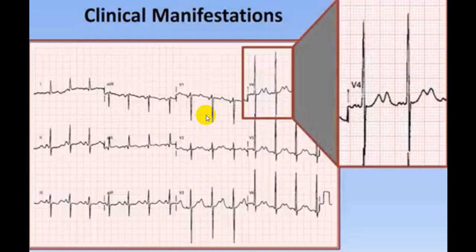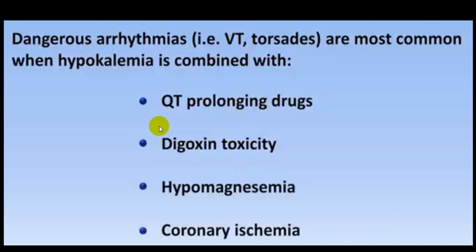Better seen in these chest leads: V2, V3, V4, V5, even in V6. So it is better seen in the chest leads, and you will have a prominent P wave which will be seen in the limb leads. So even sometimes with 1.4 also you can see that the T wave is still seen. Such disturbances can be there.